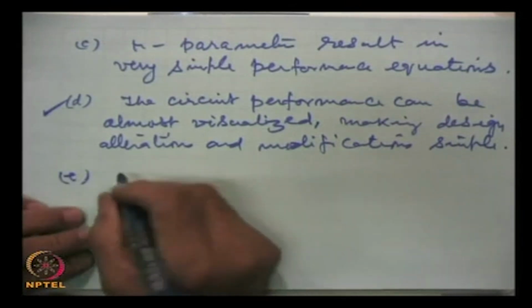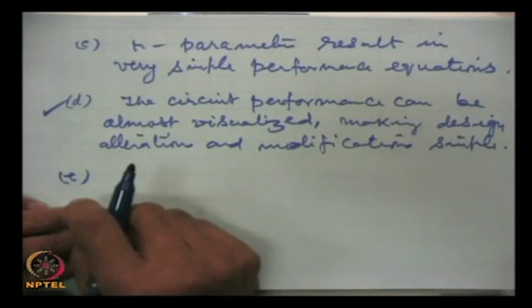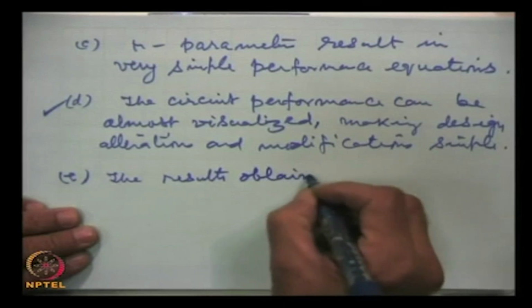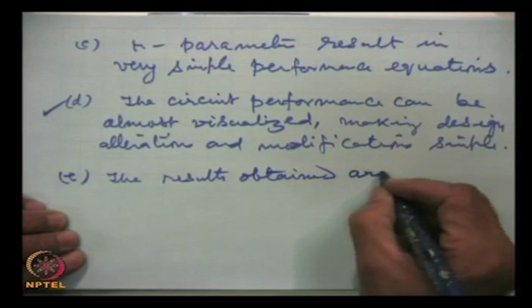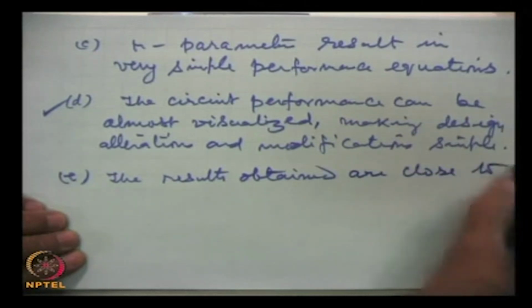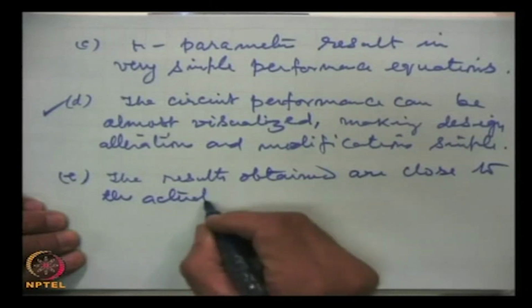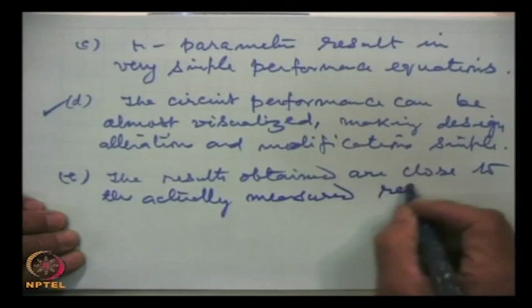the results obtained by R parameter analysis are very close to the experimentally observed results. That is, the results obtained are close to the actually measured results.